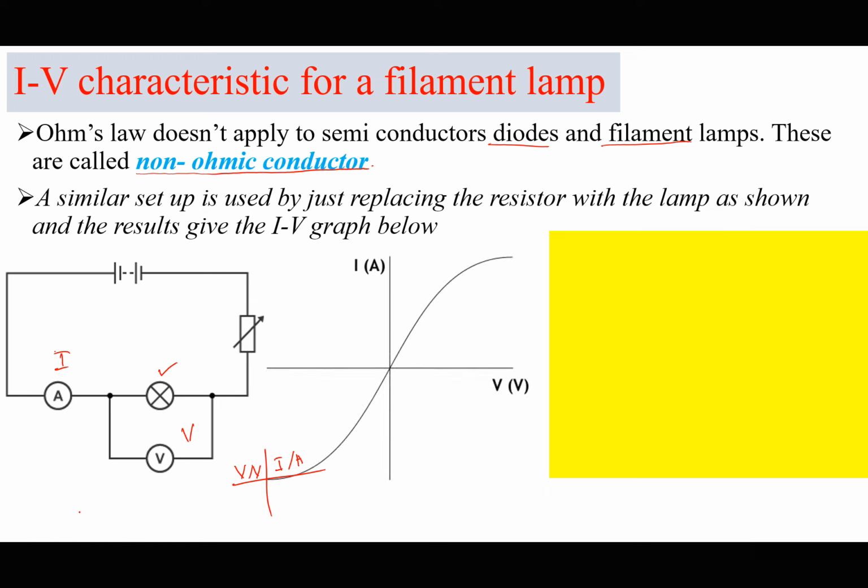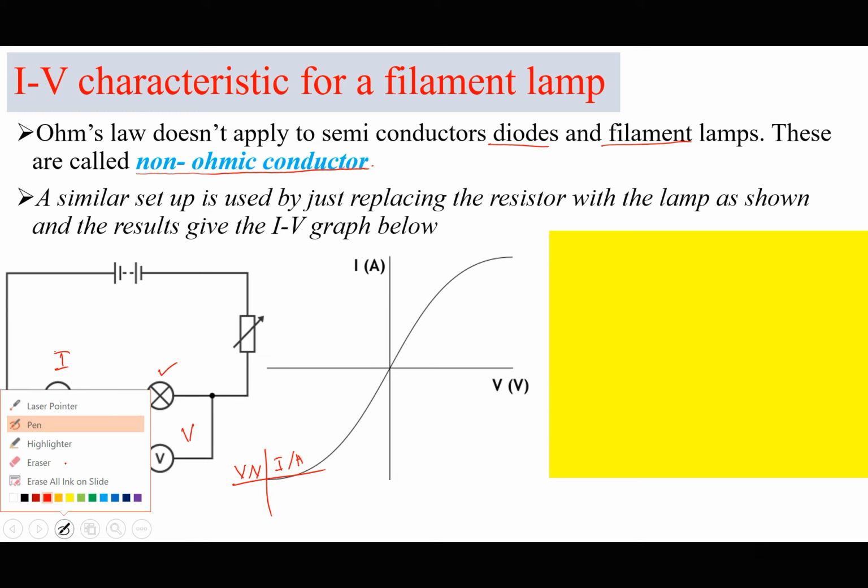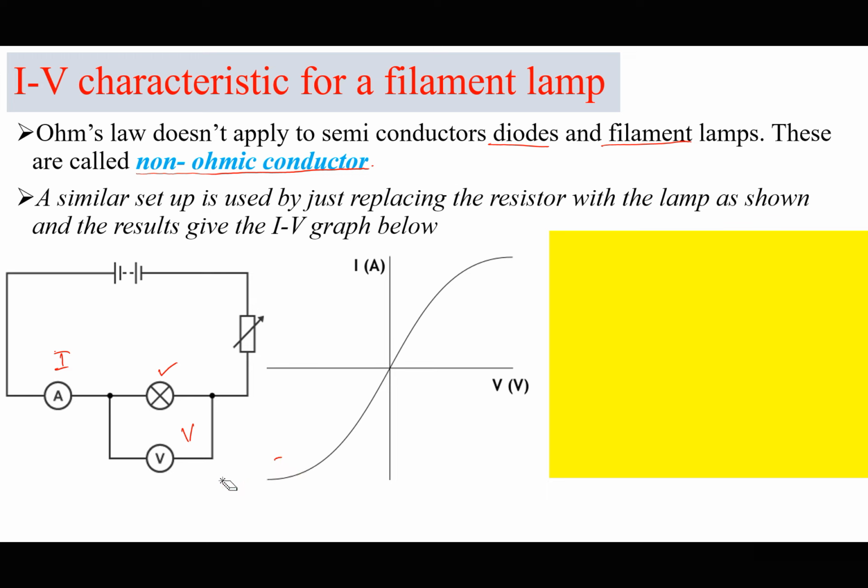Experiments have shown that the IV characteristic graph looks somehow like this. Of course, there is a small problem with this graph because it appears as if it is perfectly horizontal. I always discourage my students from sketching this graph perfectly horizontal because it changes the meaning.